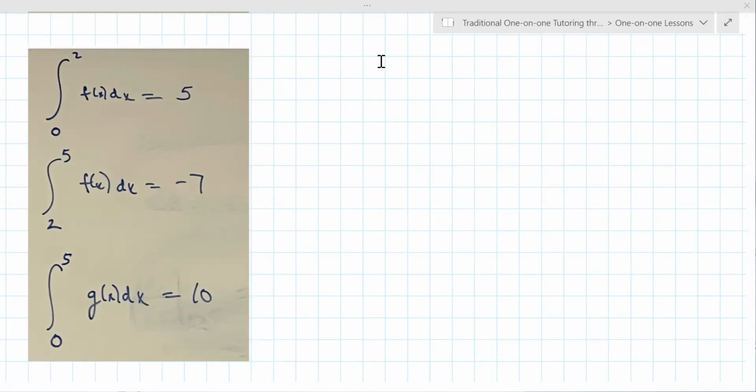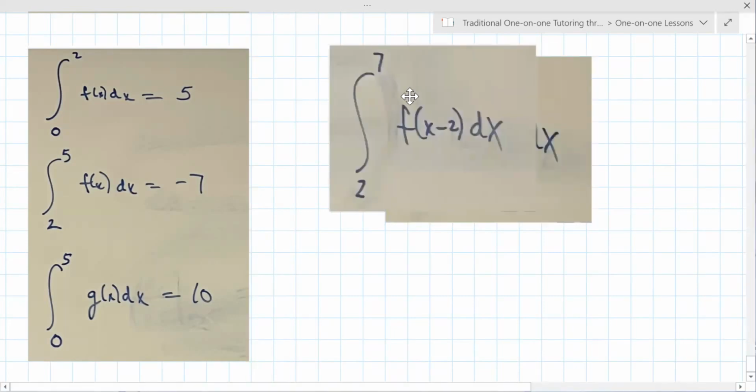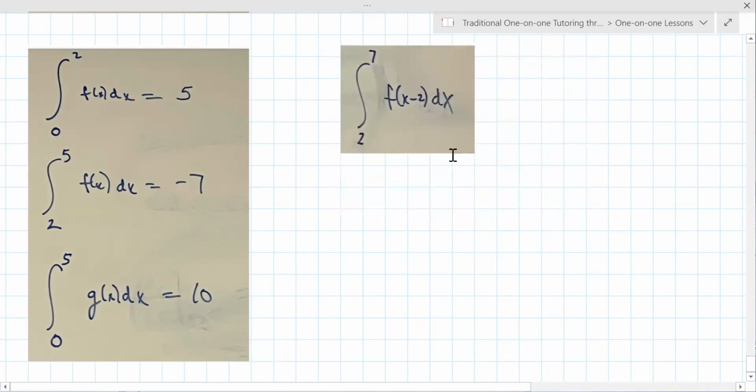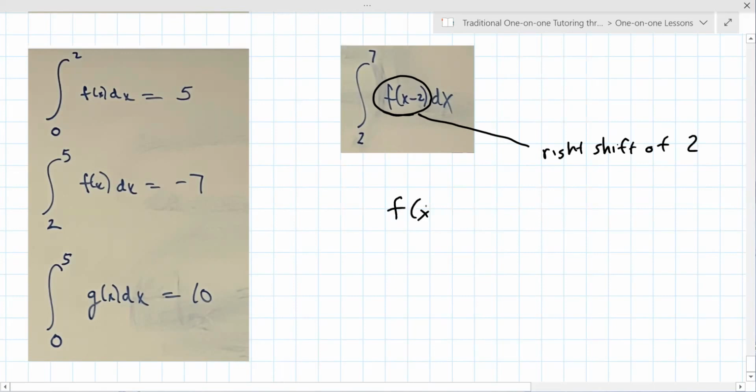So it does work. Okay, so what's over here on the right, this f of x minus 2, is a right shift of 2. Right. Okay. So to back this off, you have to undo it. That's undoing it, but then the limits change. 7 minus 2, 2 minus 2 dx.